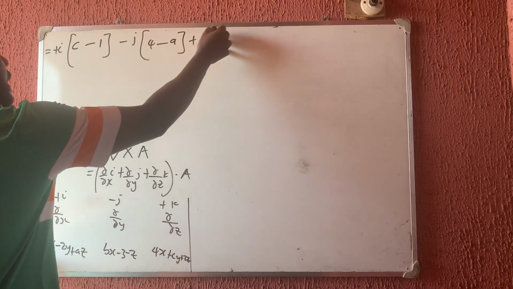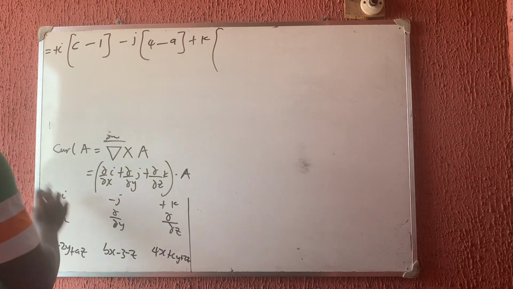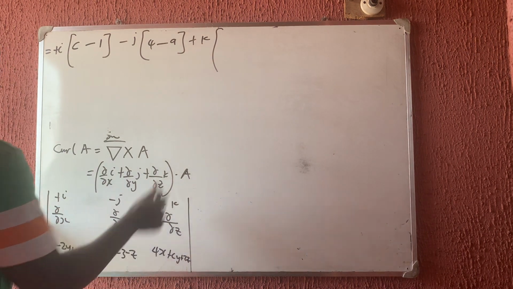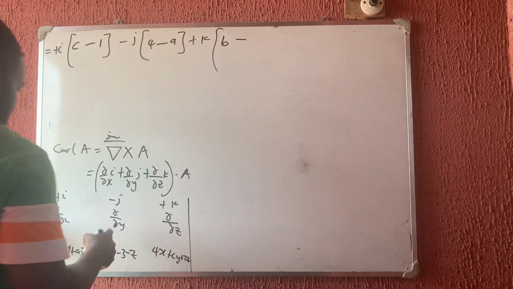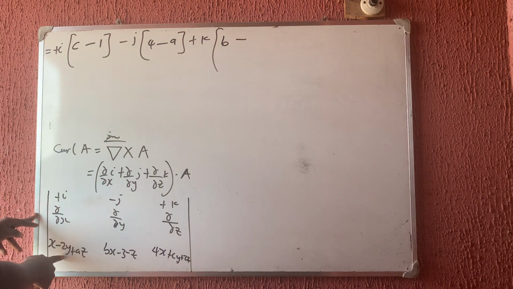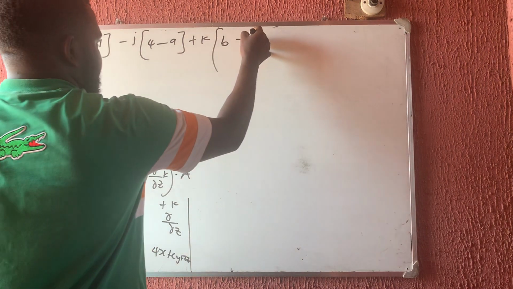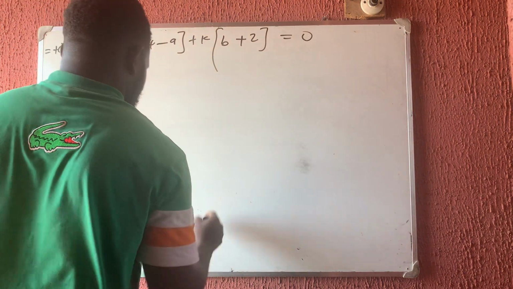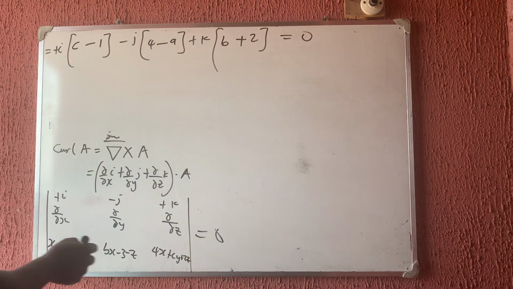Then plus k into, covering this one, left minus right. This one meeting this one, I have b, 0, 0. So I have b minus this one meeting this one, I have 0 minus 2, 0. So I have minus minus, now make it plus 2. Don't forget that is equal to 0. So what do we have now?